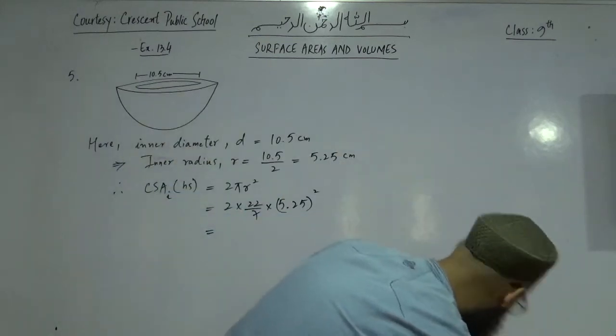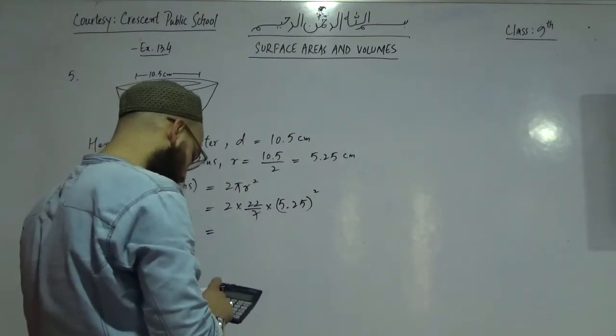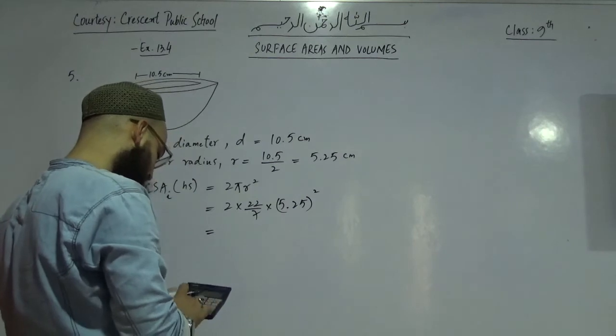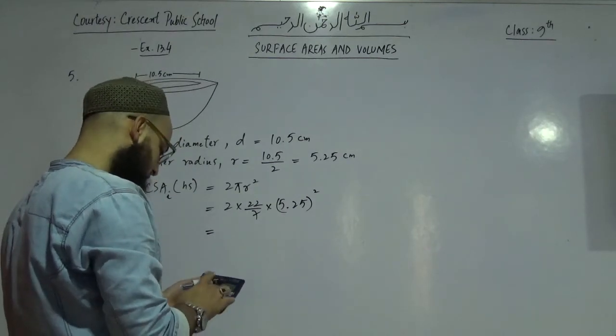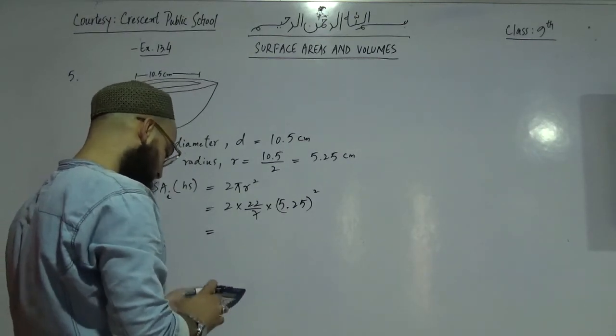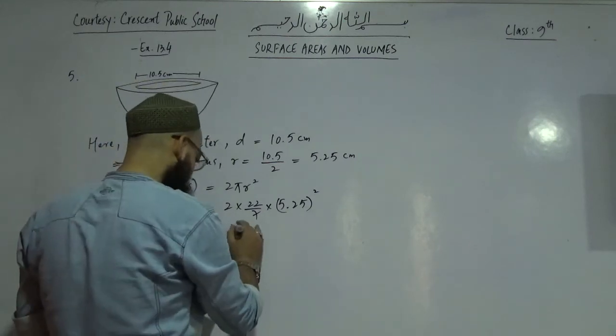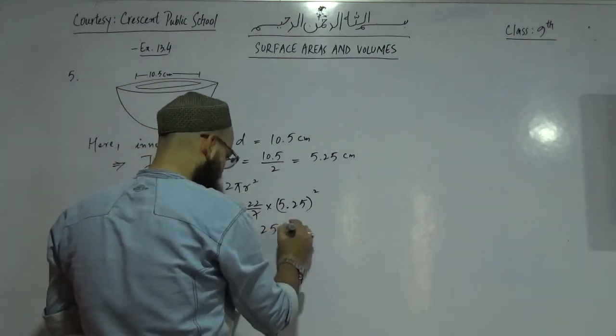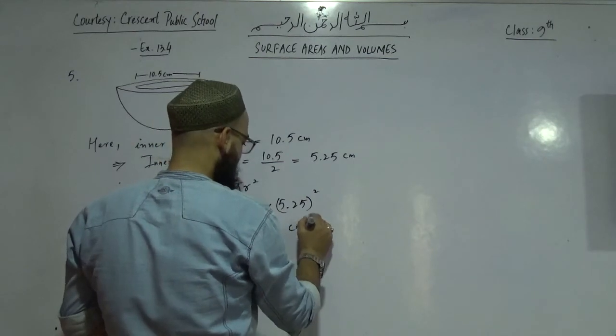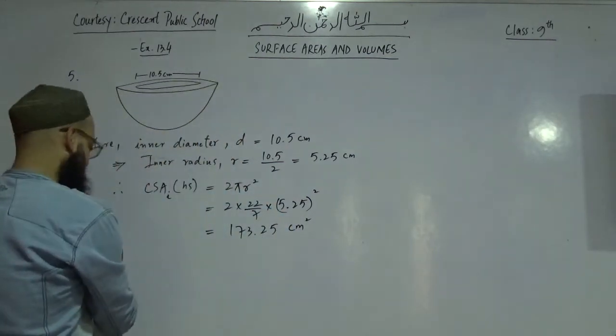Let me solve it. 5.25 times 5.25 times 44 divided by 7, so you have 173.25 square centimeter.